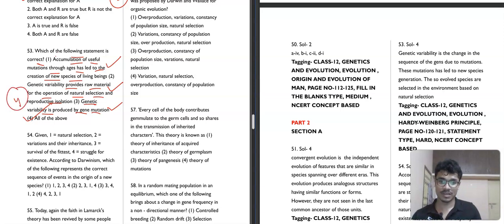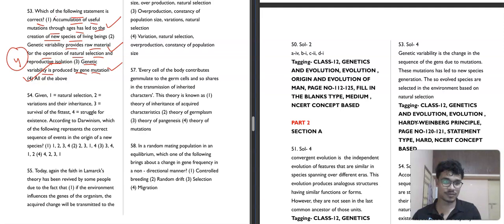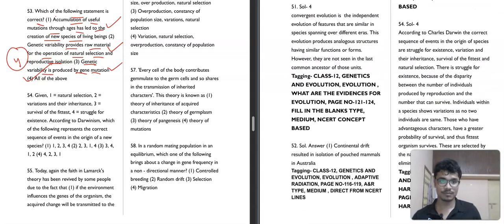Then moving towards the next question, that is question number 54. It is saying, given first is natural selection, second is variation and their inheritance, third is survival of the fittest, fourth is struggle for existence. According to Darwinism, which of the following represents the correct sequence of events for the origin of a new species?